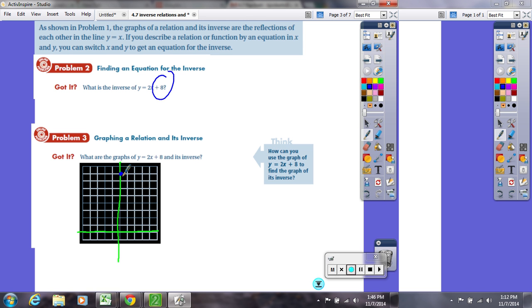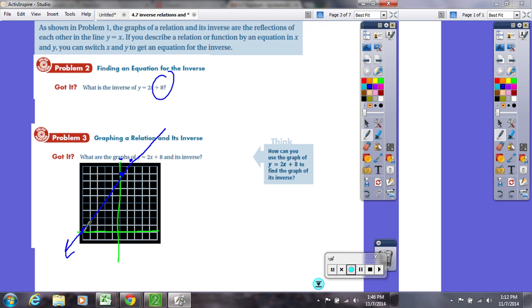And then notice we rise 2, run 1, don't we? Down 2, over 1, down 2, over 1. And we cross over here at negative 4. Okay? Notice y equals 2x plus 8. That would be the graph.